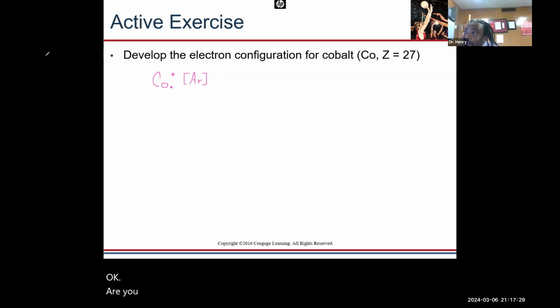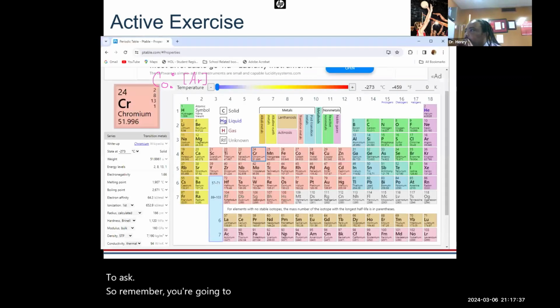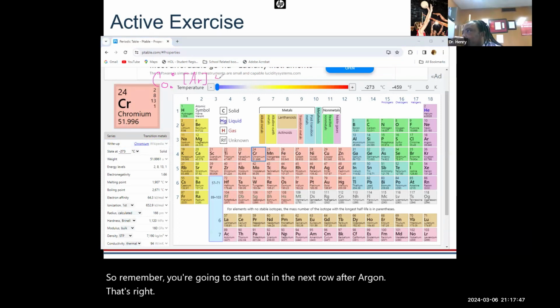Wait, argon. So remember, you're going to start out in the next row after argon. Oh, so then is it 4s2? That's right. My brain is starting to not work either. 4s2.